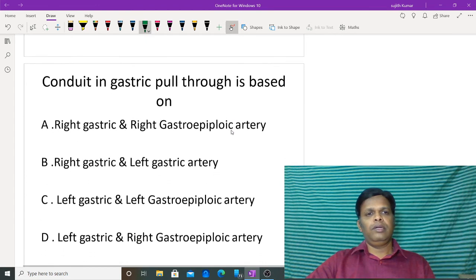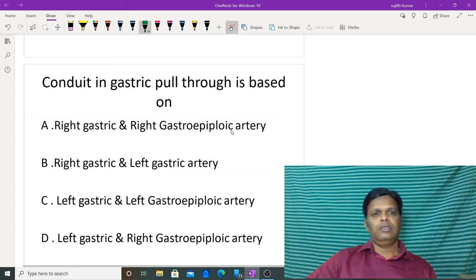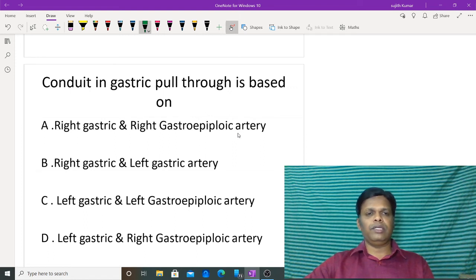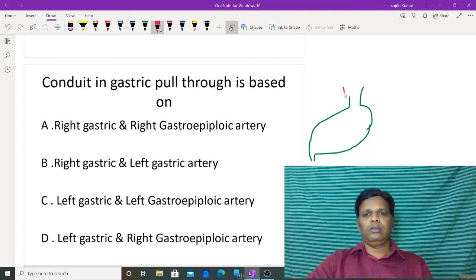Okay, conduit in gastric pull-through: a conduit is nothing but a substitute for the esophagus. Gastric pull-through is based on what artery? I will put in another picture here. This is the stomach, and if you see the vascular supply, you have the short gastric arteries also.